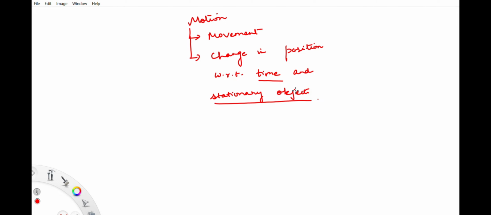Also mentioned that motion can be called change in position with respect to stationary objects. Now let me give you another example. Let's say you're sitting in a room. If you're sitting in a room, do the walls of that room tend to move? No, right? If I talk about the walls, do they move with respect to you?